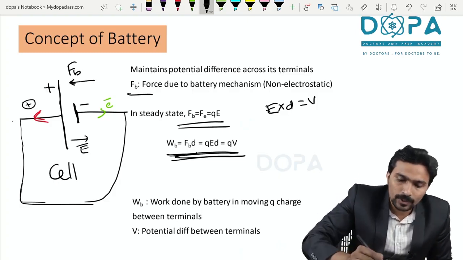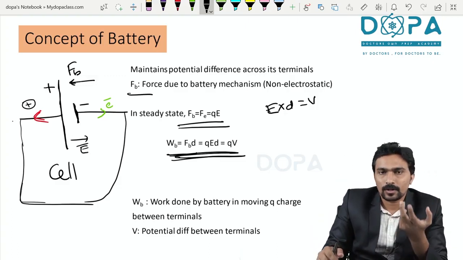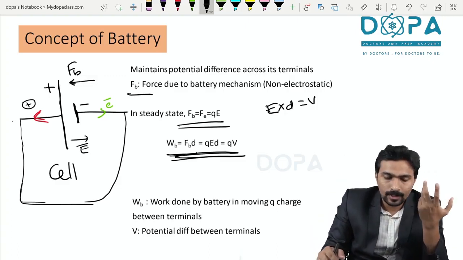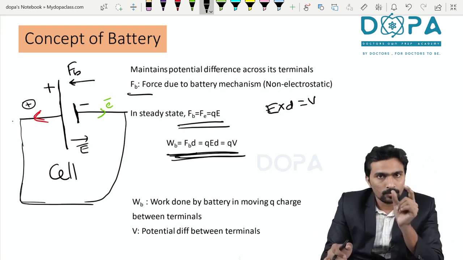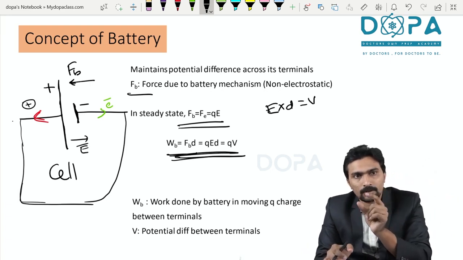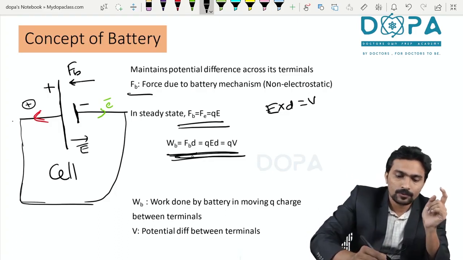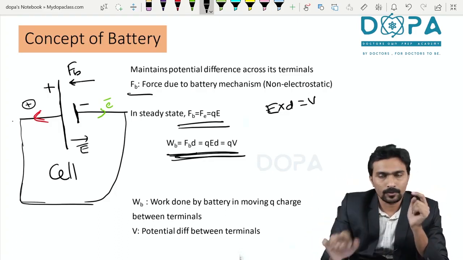And what is the potential difference? How much is that potential difference? Well, at steady state, if you want to move this electron from one plate to another plate, then the force applied should be equal to QE, and the work is QE into d.